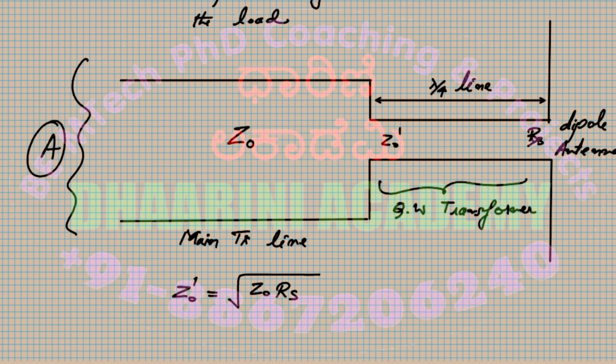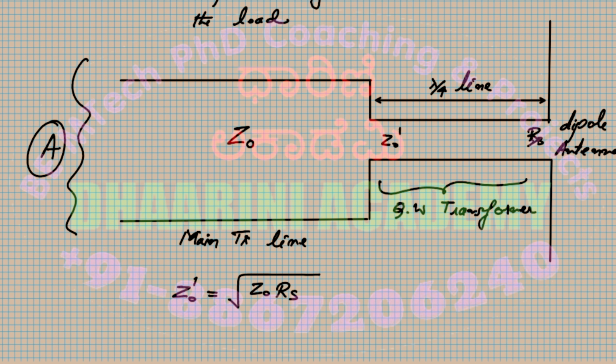You can use multiple lambda by 4 lines, calculating the various frequencies you might use. You will make the signal propagate through various lambda by 4 lines kept in parallel over here. Using that, you have a solution. That's one of the possible solutions.